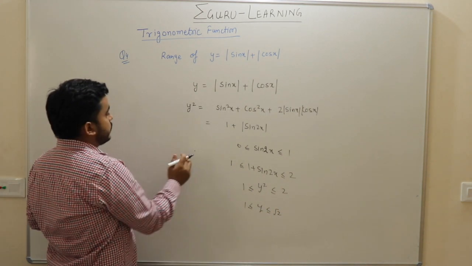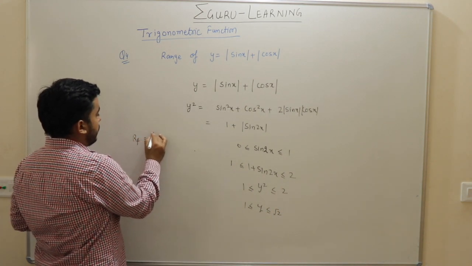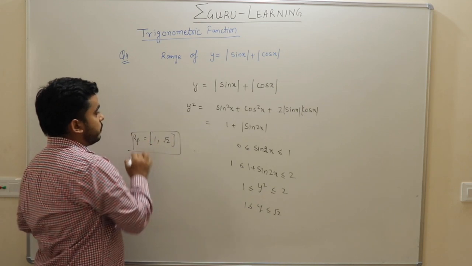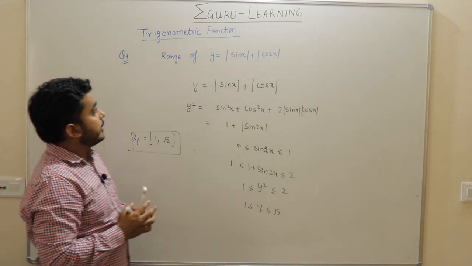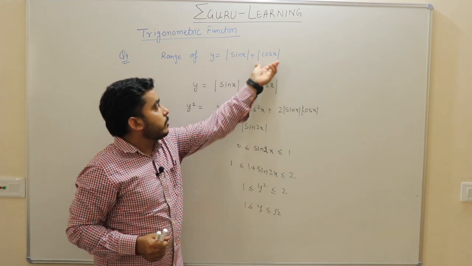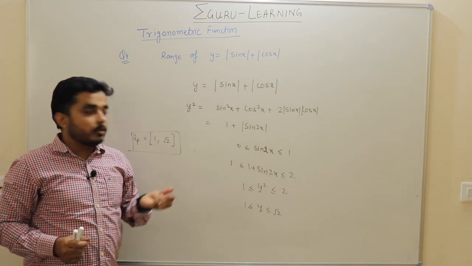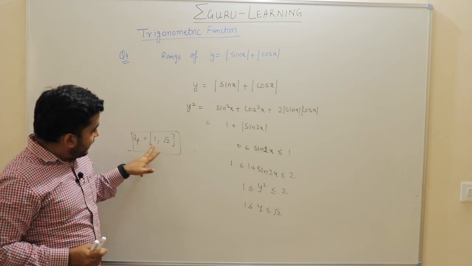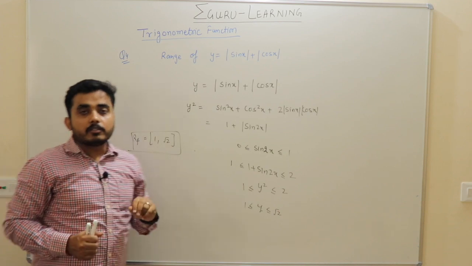That means this is the range of the function. So this is the final answer to this question. The range of the function mod sin x plus mod cos x is from 1 to under root 2, both inclusive. That means it can be equal to 1 also, and it can be equal to root 2 also.